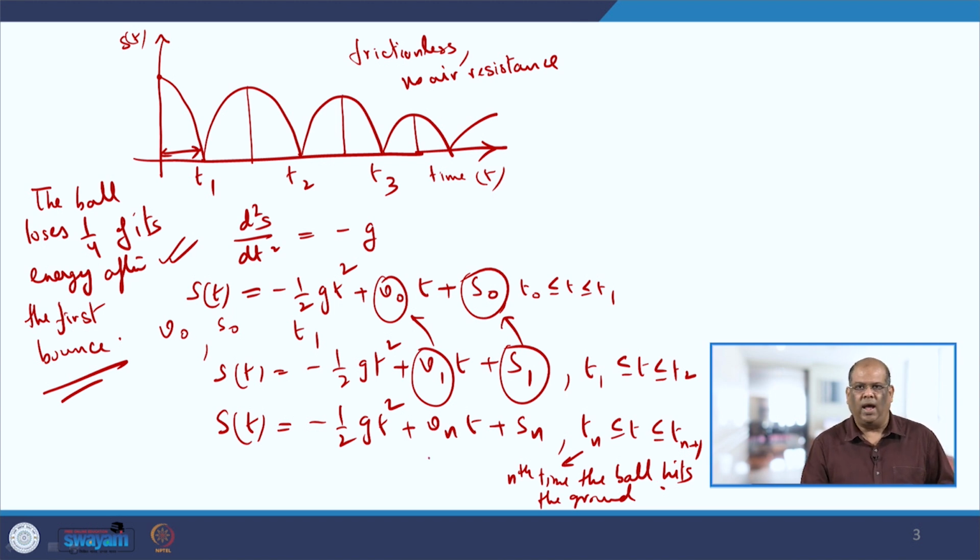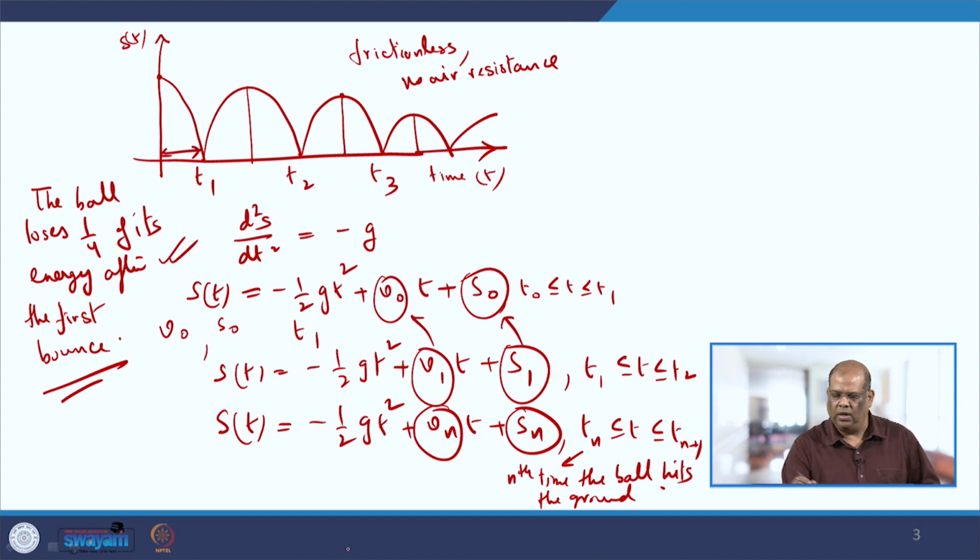If you see, you have substantial calculations of vi's and si's to get the height that the ball reaches after each bounce. So, this is a continuous time model. Now, let us see what happens if we switch to our discrete model.